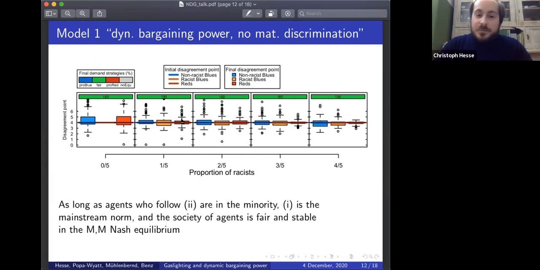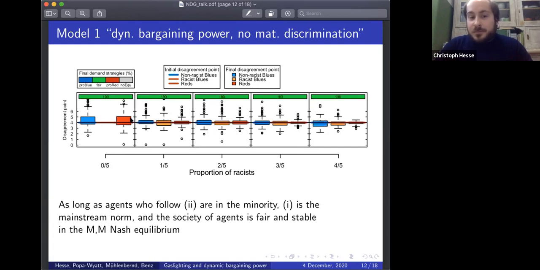And what the box plots show is the variance among the final disagreement points. Remember, in this model, the jury can update the bargaining power. Updating bargaining power means changing the disagreement points. So as the simulation progresses and agents interact with one another, they can lose or gain bargaining power.